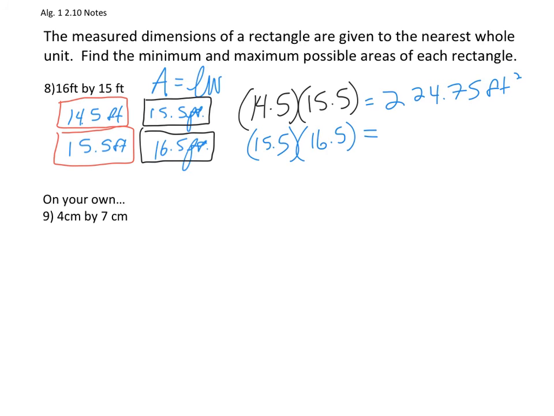The largest possible measurement for the room would be 15.5 times 16.5, and that comes up to 255.75. And that again would be feet squared. Alright, so there is a little bit of a range there. If you underestimated the room by just a little bit, or if you overestimated the room by just a little bit, and that could be quite a difference there.